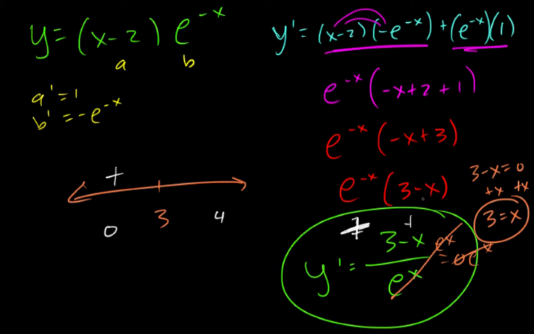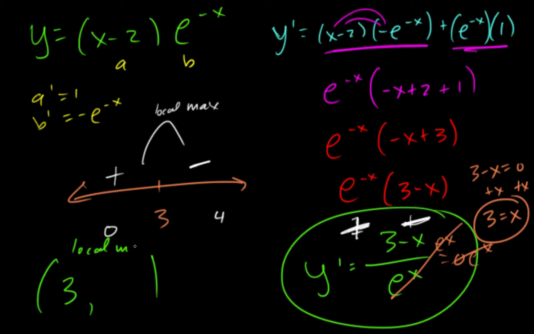And then if we plug in a 4 here, 3 minus 4, that's negative. Positive times negative is negative. And so we're going to get a local max on this one. And so we know the exact position is 3 comma something, and it's a local max.